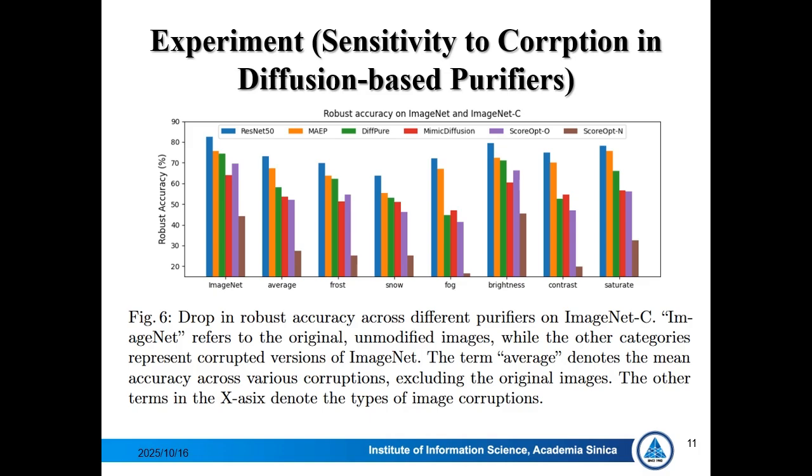By comparing the accuracy drop between ImageNet-A and the average, we can identify which purification method is more likely to harm the classifier's generalization ability. We observe that diffusion-based purifiers experience a larger drop compared to MAP, which once again supports our finding that MAP preserves better generalization under corruption.